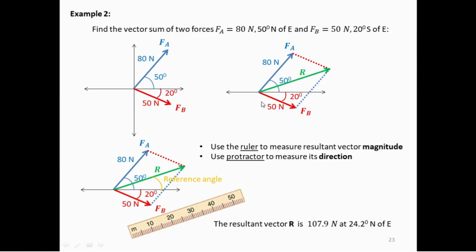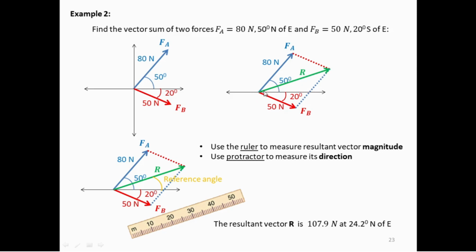Okay, so these two vectors have their tails located at the origin. From the origin, you connect towards where this intersection is. So this is now your resultant vector.